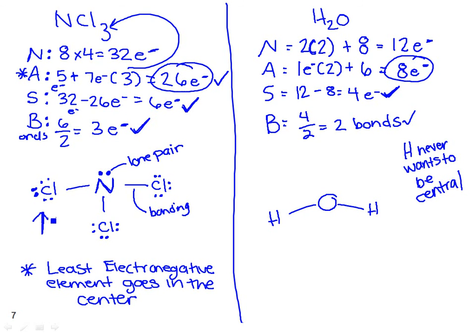We went to the outside and we added electrons. If we do that here, what are we doing to hydrogen? We are making it have 4 electrons, and it does not want to have 4. Hydrogen needs 2. So it's got its 2, right? Here's 2 electrons. So it is happy.